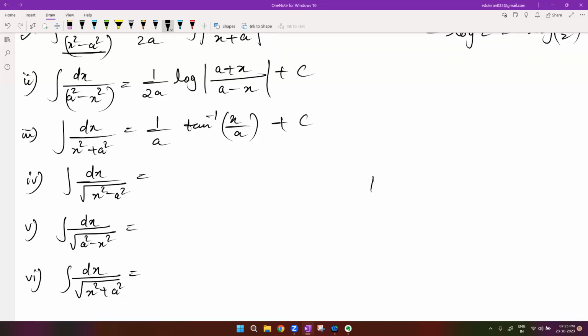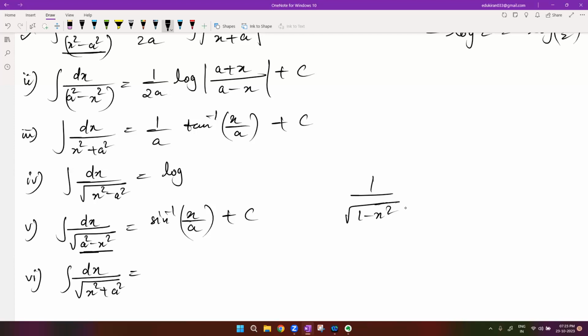This is like root over constant square minus x square, because this can be written as 1 square minus x square. Similar to this, if you see constant square minus x square, this is nothing but sine inverse x by a.